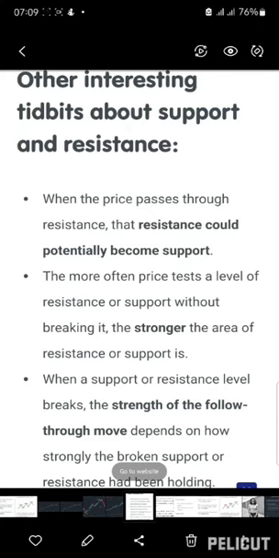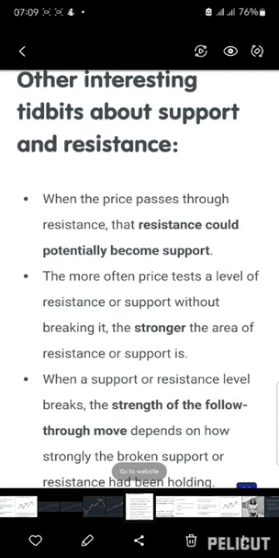The more often price tests a level of resistance or support without breaking it, the stronger the area of support and resistance is, just like I explained to you. When a support or resistance level breaks, the strength of the follow-through move depends on how strongly the broken support or resistance had been holding.